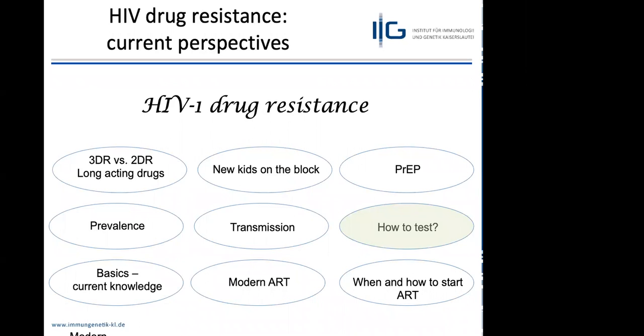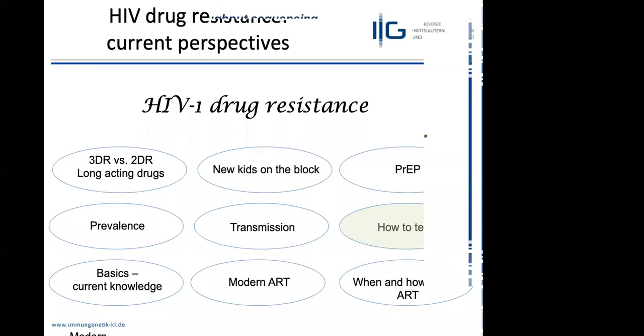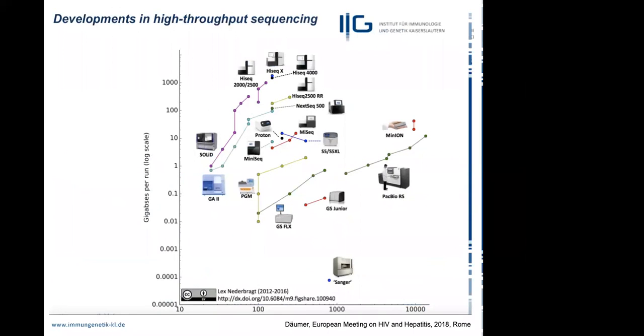So now we talked about the basics, what kind of drugs we are using, and that resistance is even possible to these modern drugs or integrase inhibitors, but now how to test HIV drug resistance. We were used to using the Sanger technique.